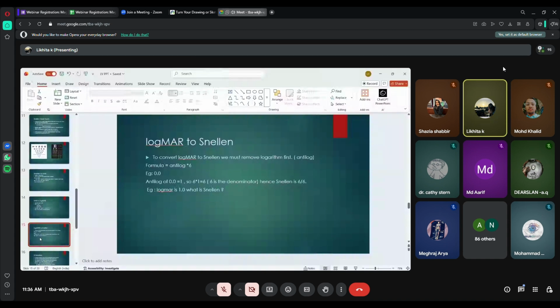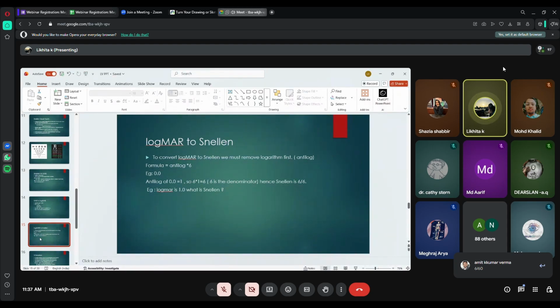So for example, the logMAR is 1.0. What will be the Snellen for this example? Yeah, it's 6 by 60.